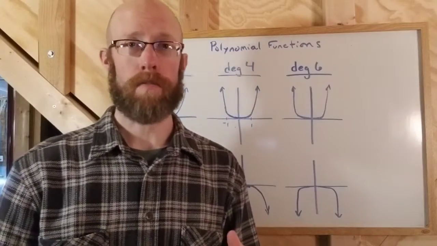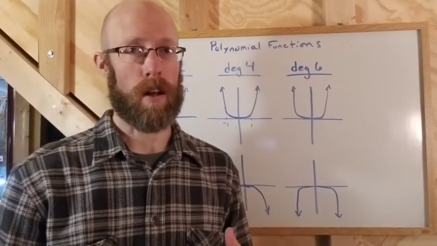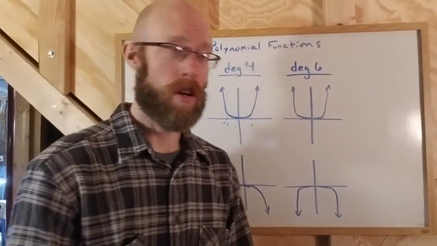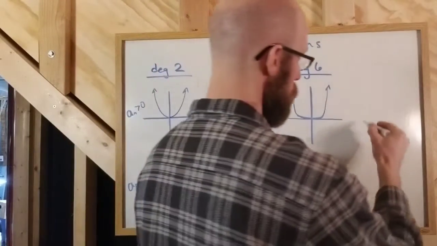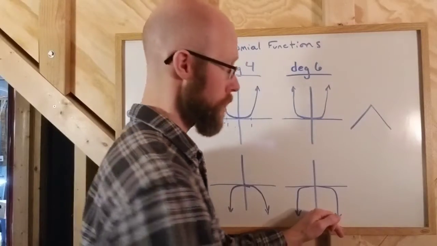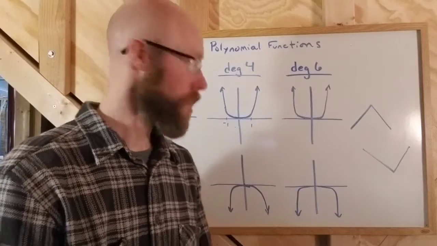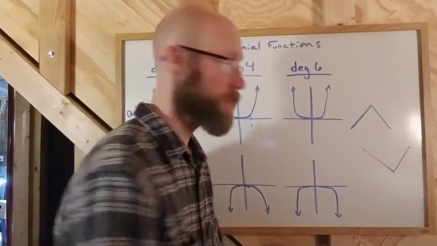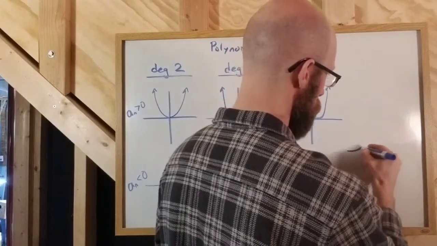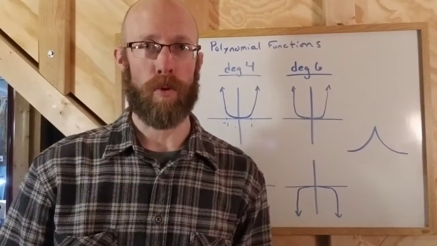There's never any gaps, never any holes, never any jumps in the graph at all, and there's never any corners or cusps. A corner is what we get if you have two lines, like an absolute value function would come to a corner, a V shape. Those kinds of graphs have corners. Cusps are where you would have two curves or two parts of a graph that curve into a single point like that.